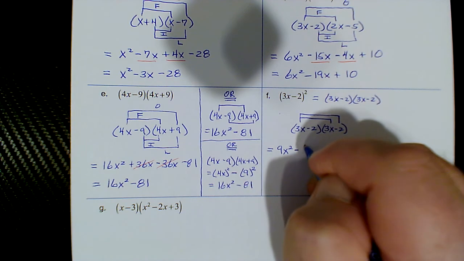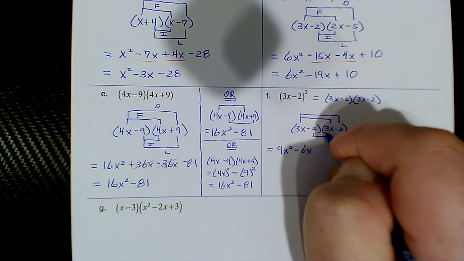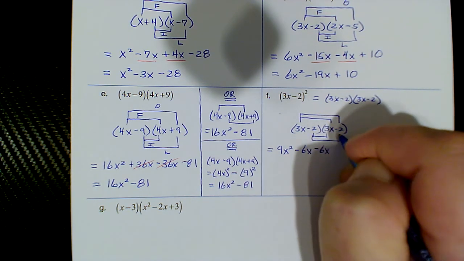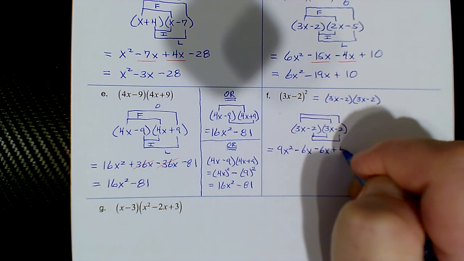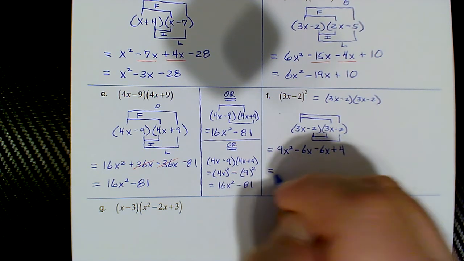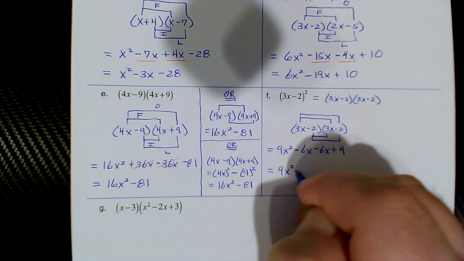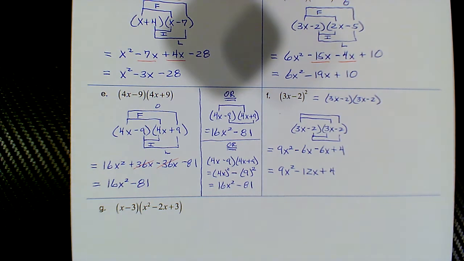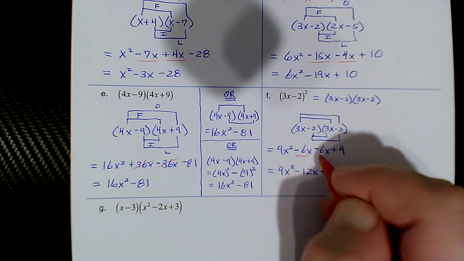Negative 2 times 3x for the inners, negative 6x. And negative 2 times negative 2, positive 4 for the last. So we get 9x squared minus 12x plus 4 after combining the two middle terms, which turned out to be the same.